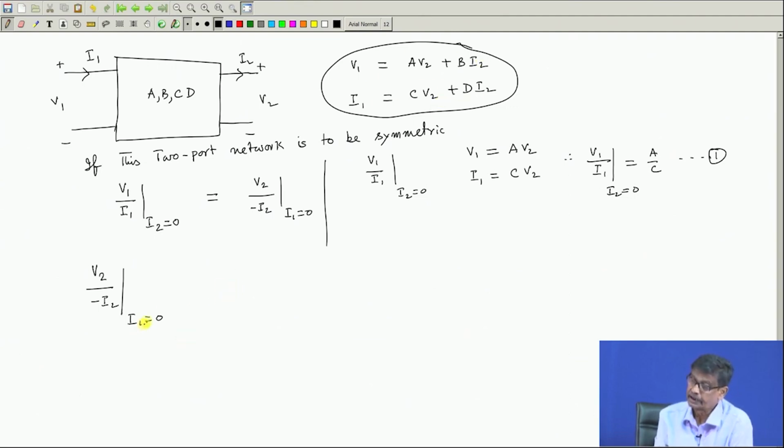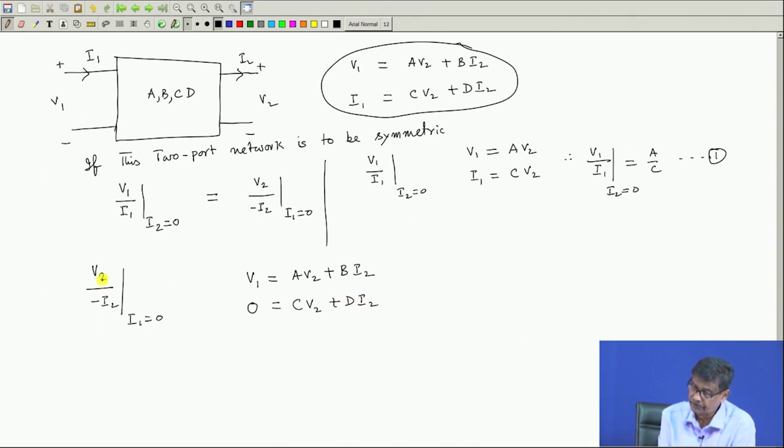With I 1 equal to 0, the first equation is V 1 equal to A V 2 plus B I 2, and from the second equation I will get 0 equal to C V 2 plus D I 2.